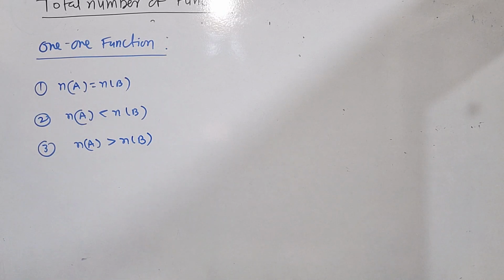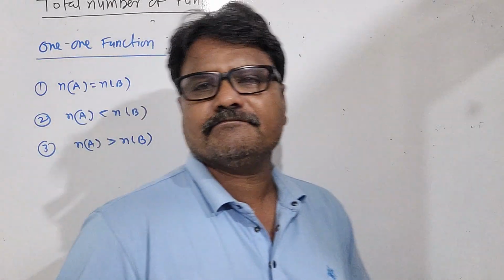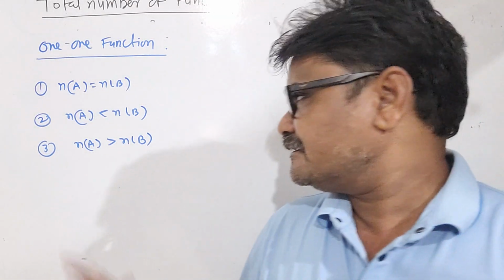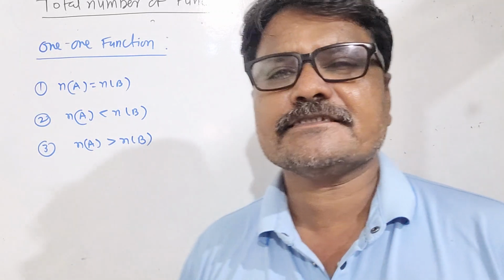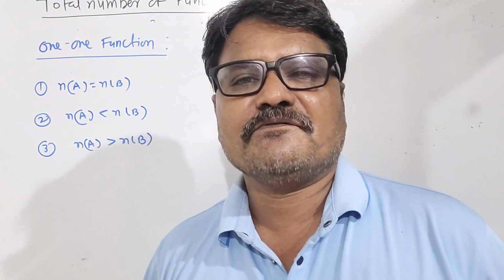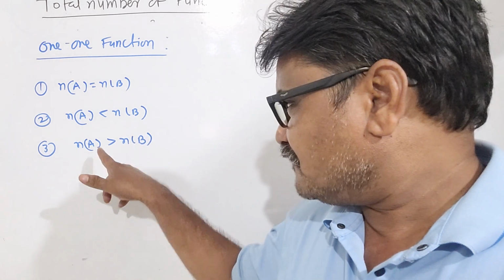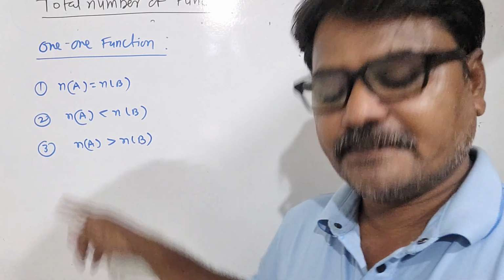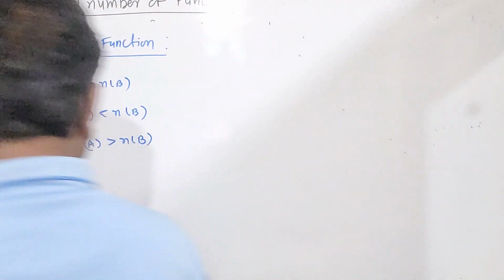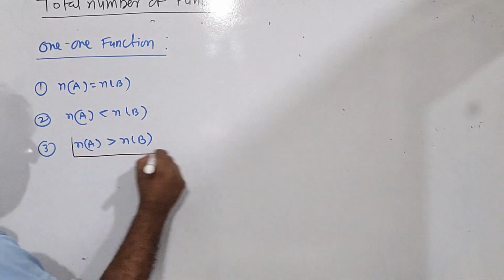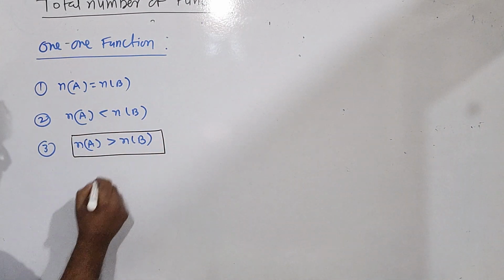So from these 3 cases I can easily identify that one case has 0 one-one functions. Look, n(A) is greater than n(B). In that case, you will easily say that in this situation there will be no one-one function.